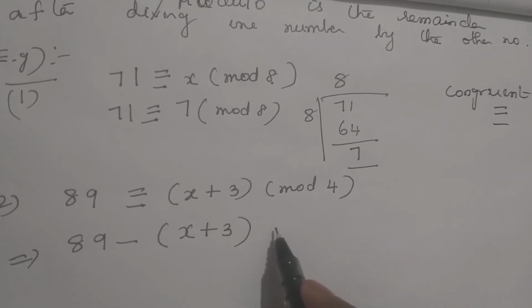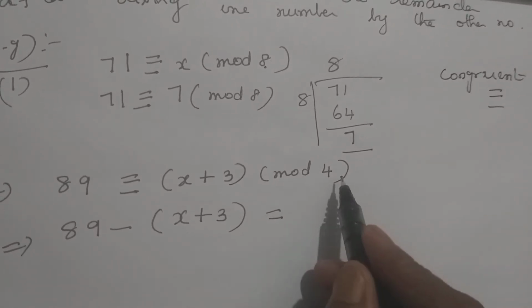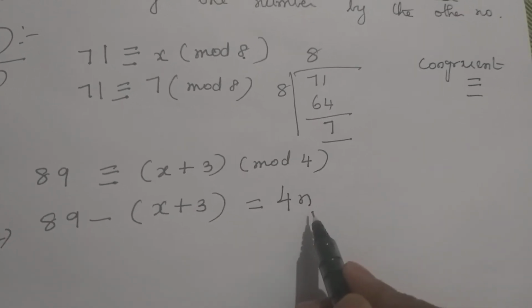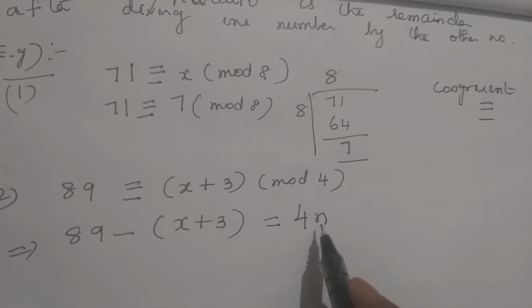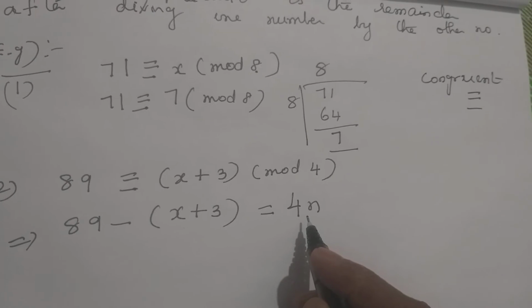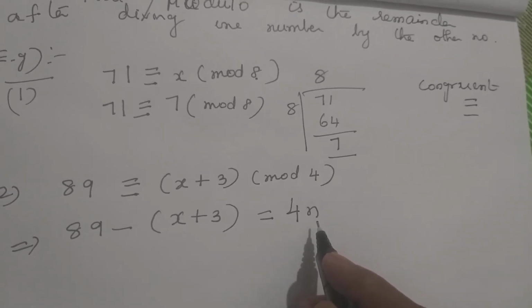Now this one, take it as equal to sign. What is mod 4 is given. So you have to take it as 4n. What is the meaning of 4n? Multiplication. 4n means n can be taken as 1, 2, 3, etc., any numbers.